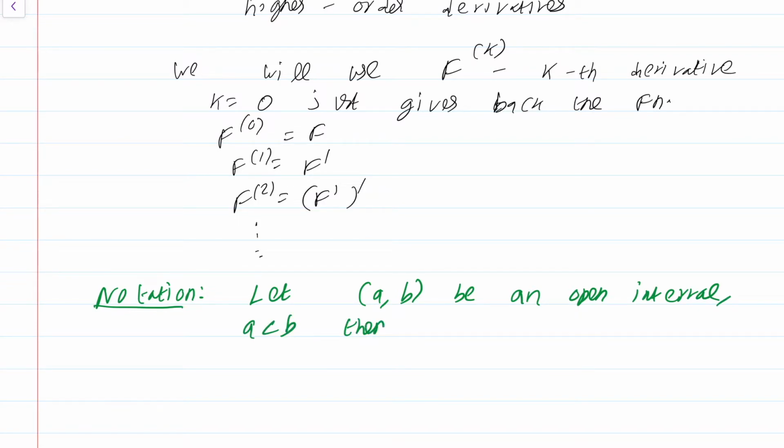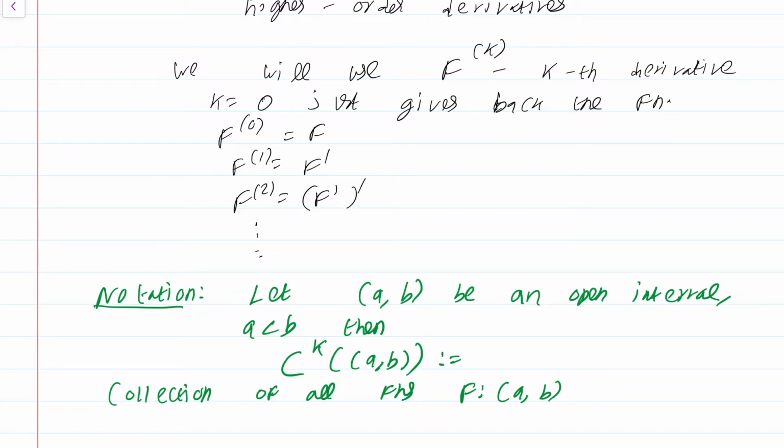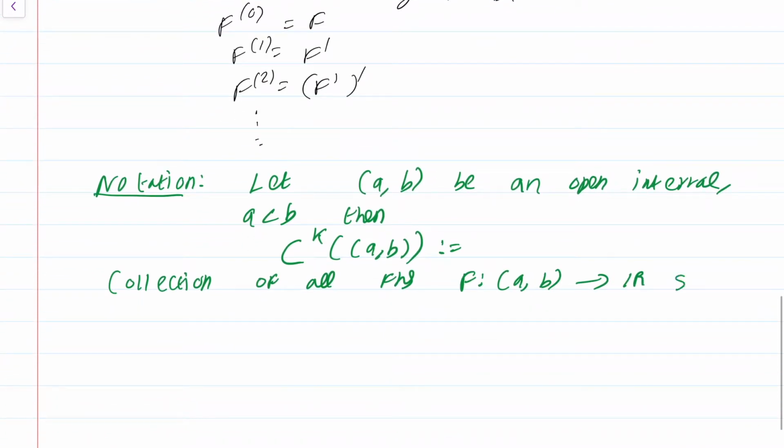Then C^k of (a, b) is defined to be the collection of all functions f from the open interval (a, b) to R such that f superscript k exists and f superscript k from (a, b) to R is continuous. This is important.